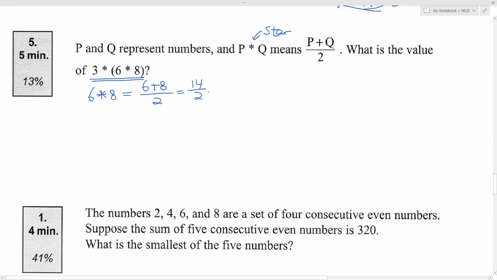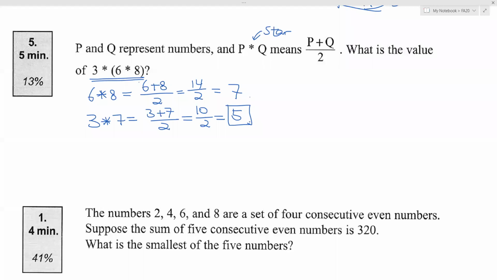Then 3 star 7 becomes 3 plus 7 over 2, and it's 10 over 2. So the answer is 5. Yeah, that's what I got. Very good. Kevin, you did exactly right.